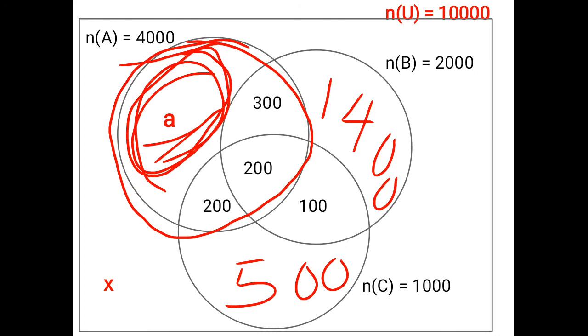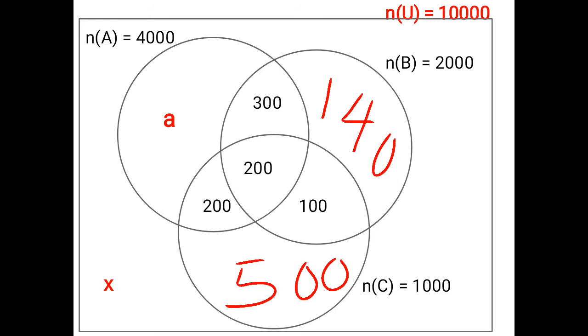So A plus 300 plus 200 plus another 200 should give me 4000. All right, so let's move to the next slide and answer that.